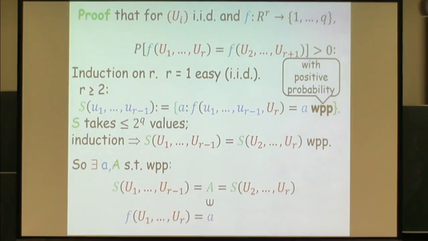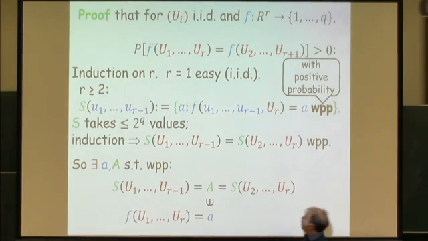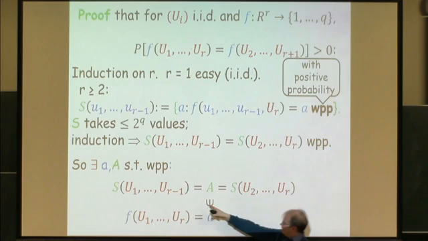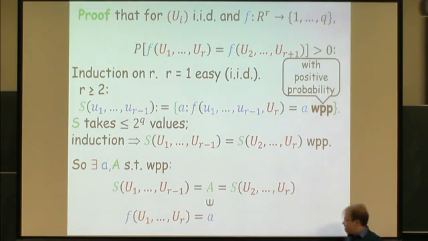Nothing fancy there. And now I can take a specific deterministic element little a of that set. And what about f of u1 up to ur? Well, on this event, this f lies in that set, almost surely even, because this is the set of values that it can take with positive probability. So certainly it is one of them. So with positive probability, it's equal to the specific element that I chose.